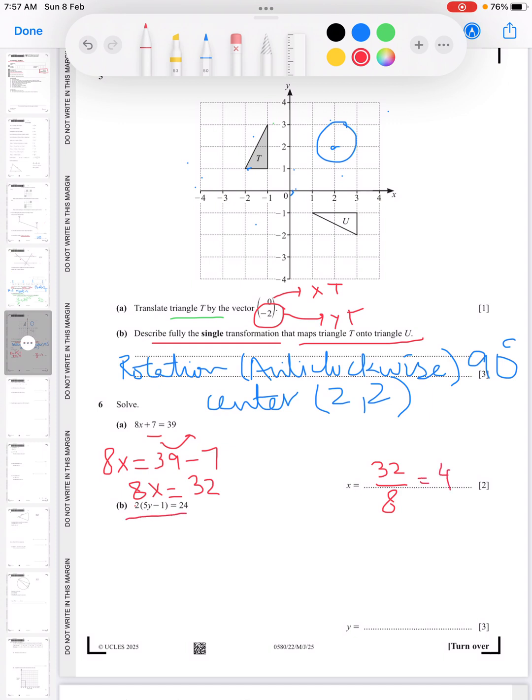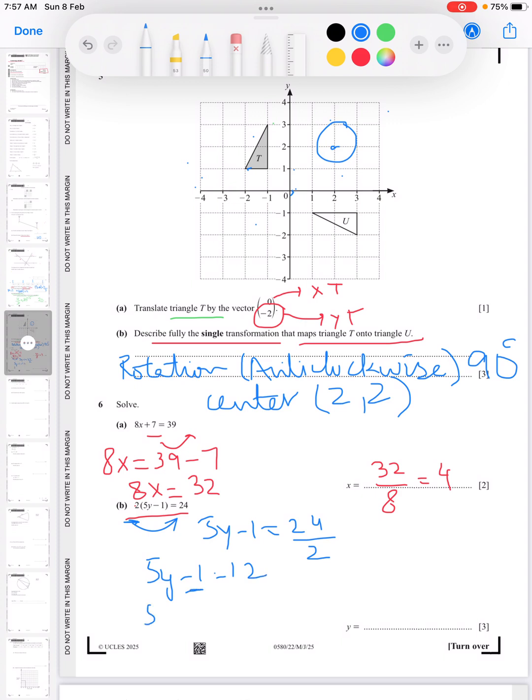Now the next question is 2 times (5y minus 1) equals 24. We want y alone on the left hand side. So how will we solve it? Here 2 is multiplying, so when I move it to the other side it will divide. So 5y minus 1 equals 24 divided by 2, and we can say 5y minus 1 equals 12.